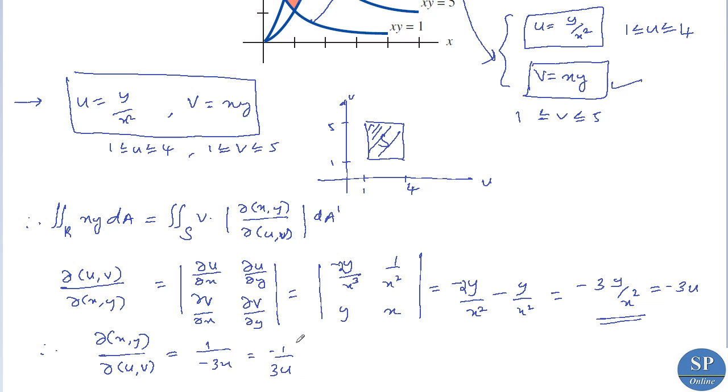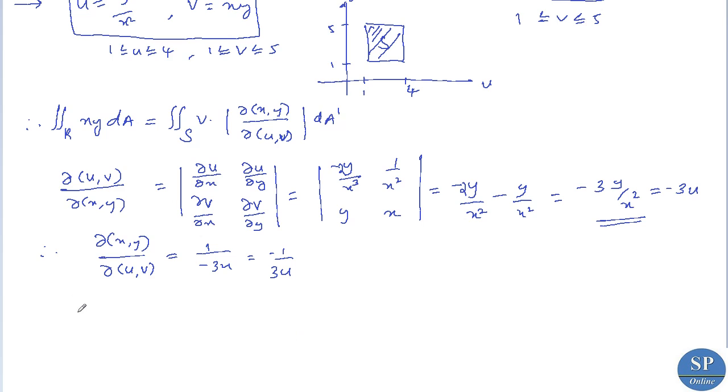So we found dou uv divided by dou xy instead of dou xy divided by dou uv, and we changed the variables x and y to u and v because dou xy divided by dou uv will be in terms of u and v.